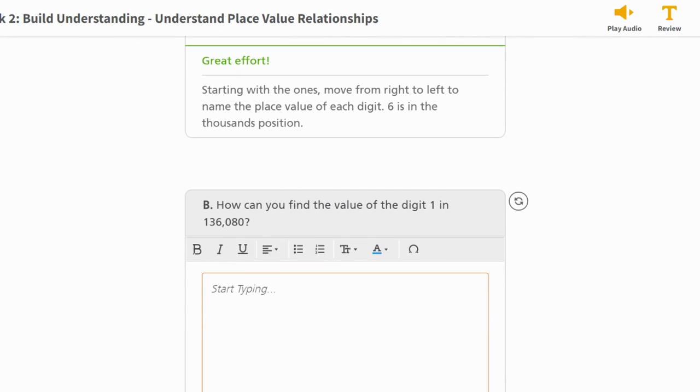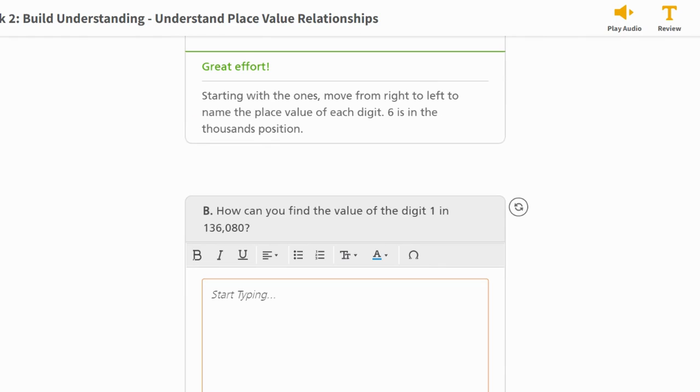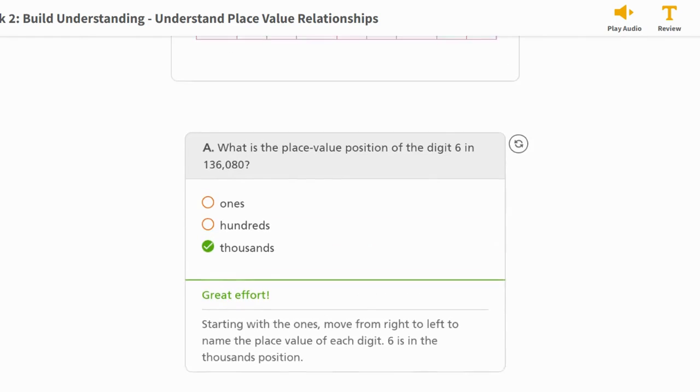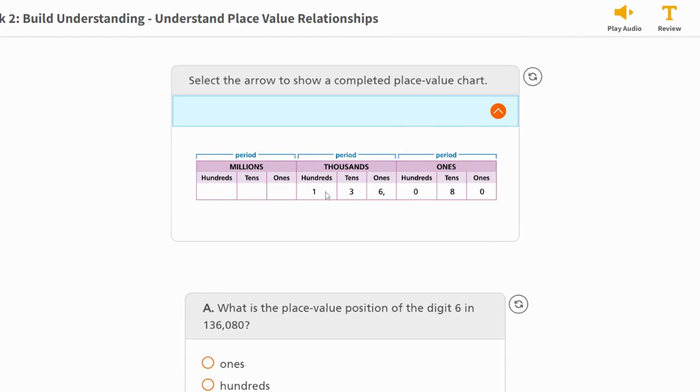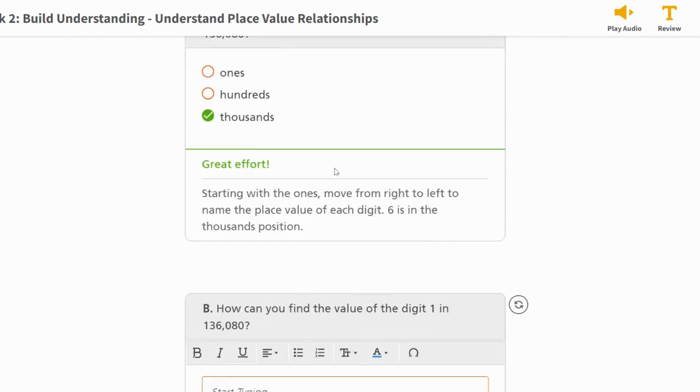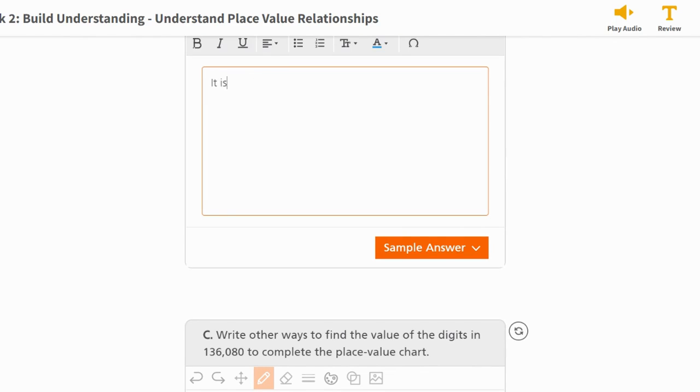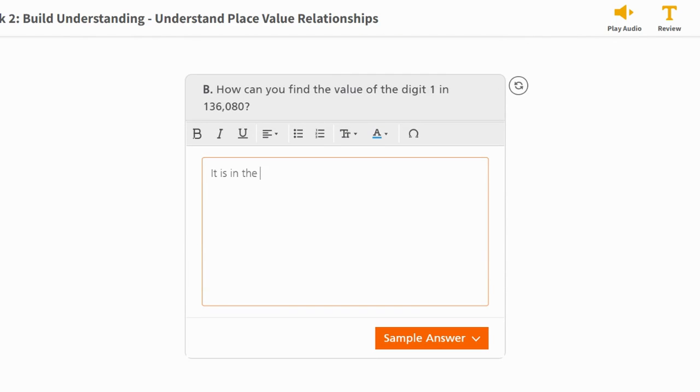How can you find the value of the digit 1 in 136,080? Okay, so using the place value chart, what I can do is look at where the 1 is, and it's in the 100,000s place. So it is worth 100,000.